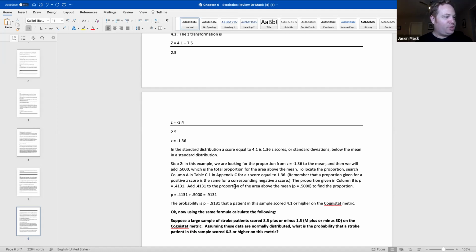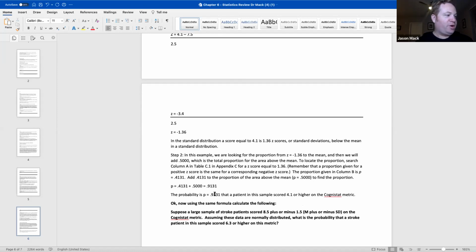So we add that to the proportion of the area above the mean to find the proportion. So 0.4131 plus 0.5000 is equal to 0.9131. Therefore, the probability is 0.9131 or 91.31% that a patient in the sample scored 4.1 or higher.